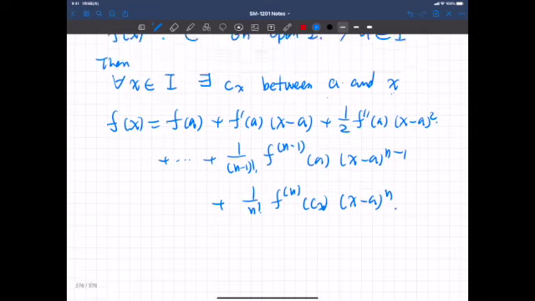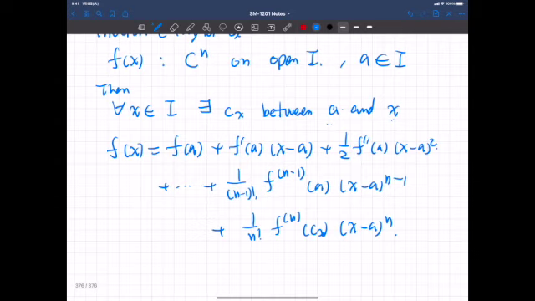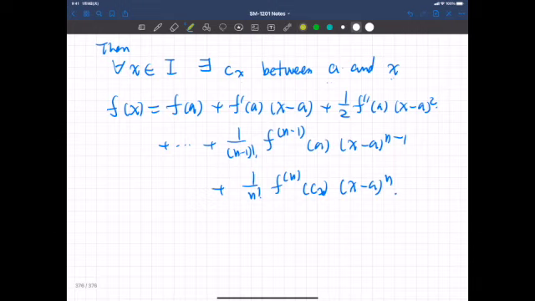So now look at the left hand side, right hand side. So f of a is a constant. F prime of a is a constant, and f double prime of a is a constant. And actually, all these differential coefficients are constants.